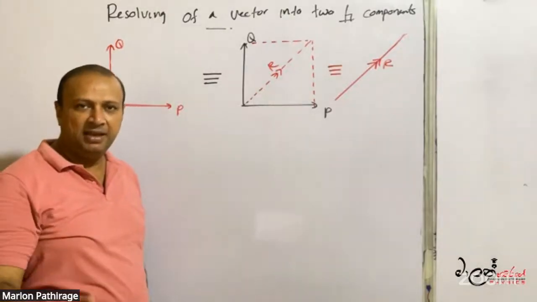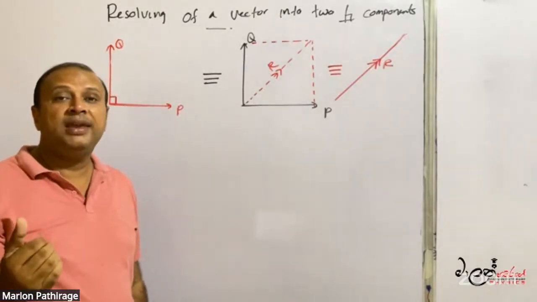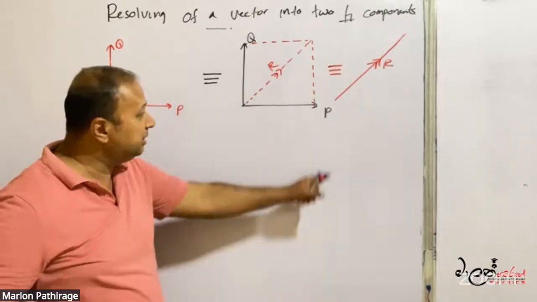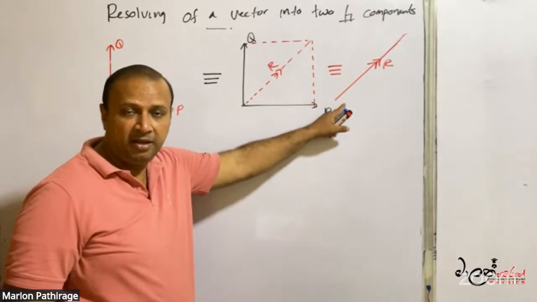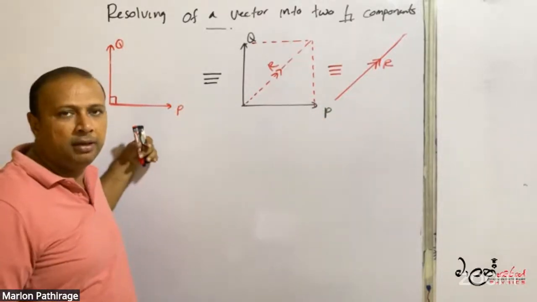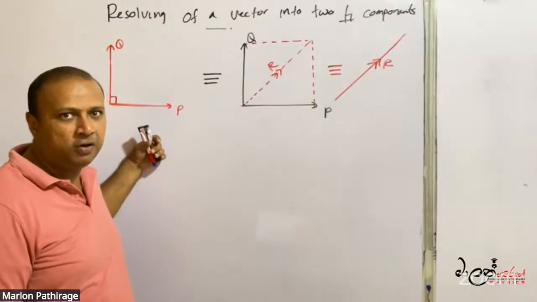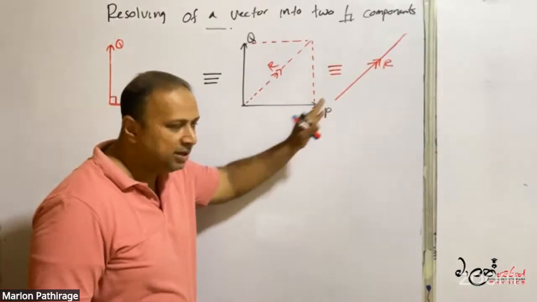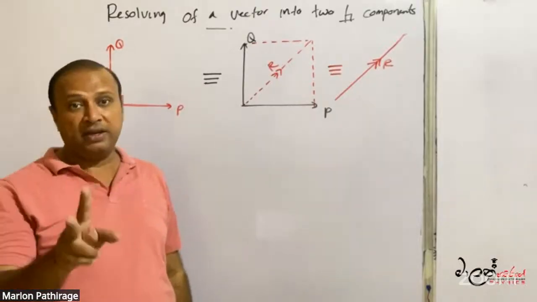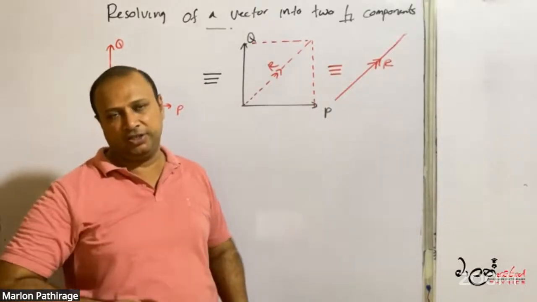That means we can represent a vector using two perpendicular components. So instead of a single vector, we can use two vectors in two perpendicular directions.